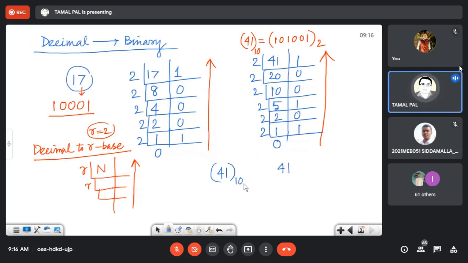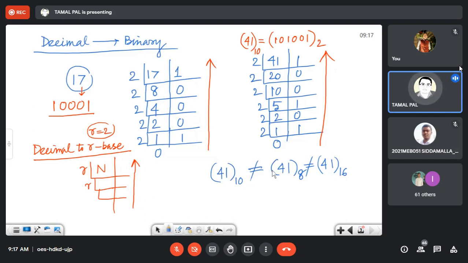If it is decimal, then you write 41 with 10 as a subscript. If it is octal, you write it in this way. If it is hexadecimal, then you write it in this way. But these numbers are not the same.